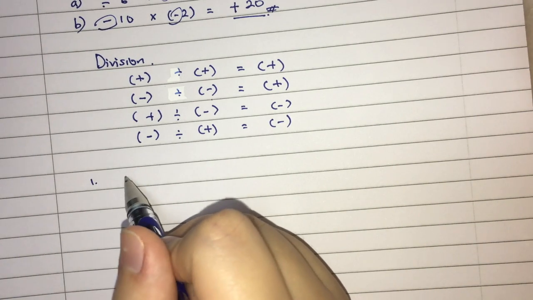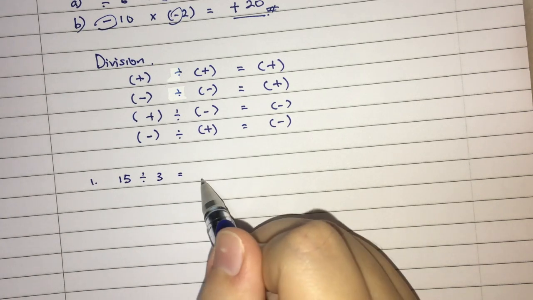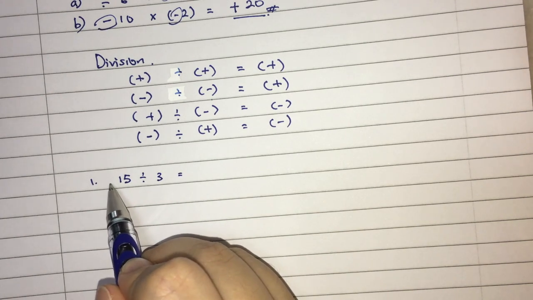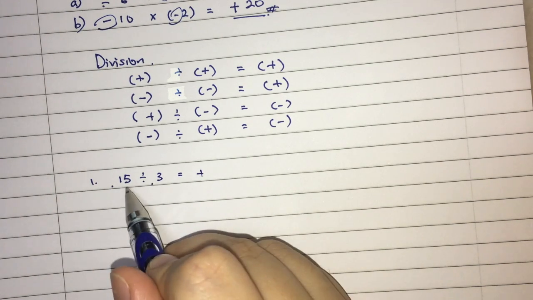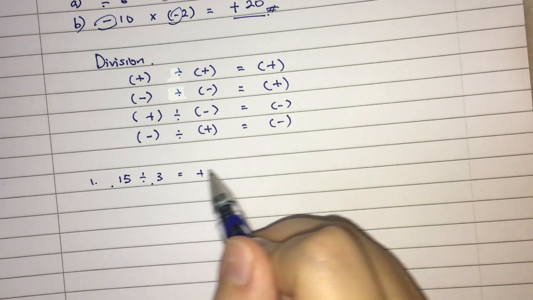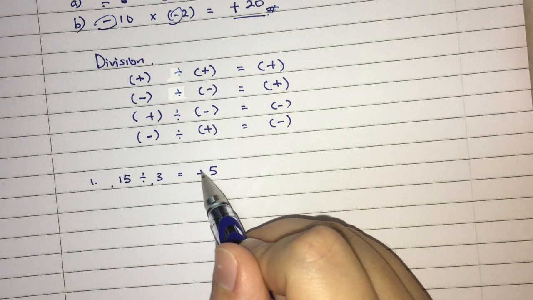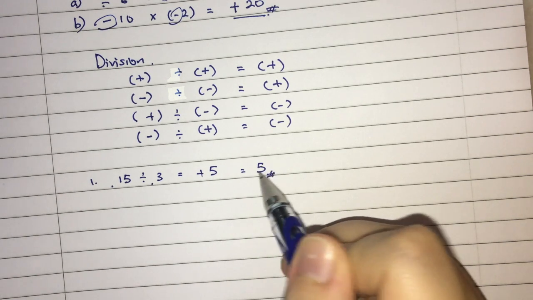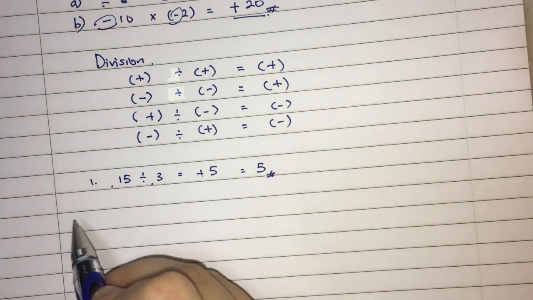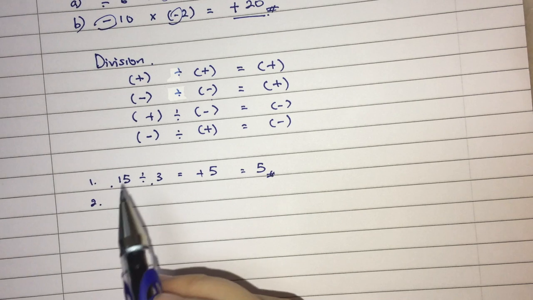Example 1. If we got 15 divided by 3, this one is the positive sign, so this will be a positive sign, and 15 divided by 3 is 5. For a positive sign, we also no need to write the positive sign. We can just write the 5, and 5 will be the answer. Okay, let's see example 2 for more understanding.